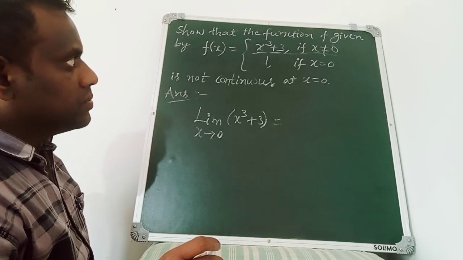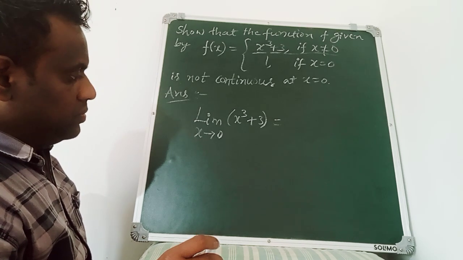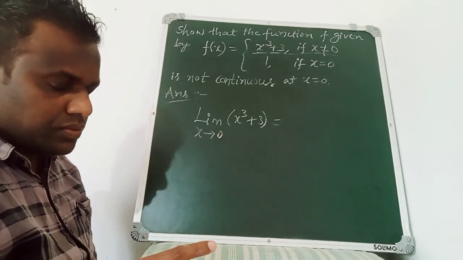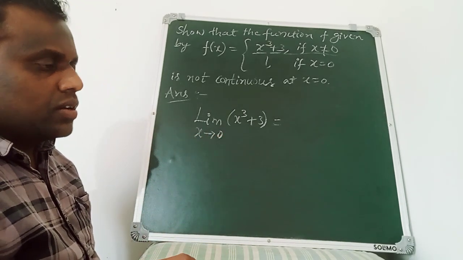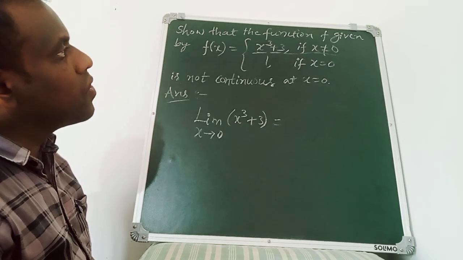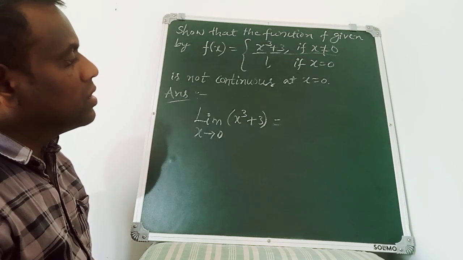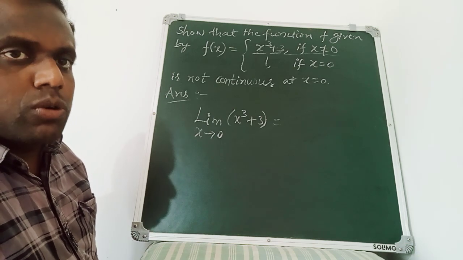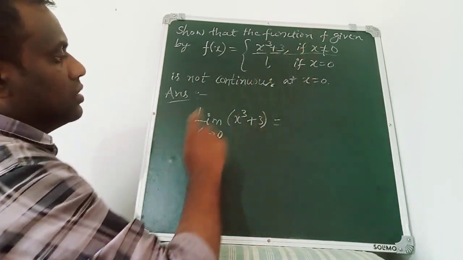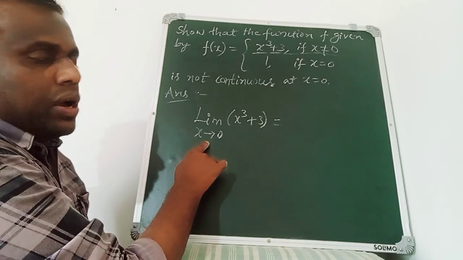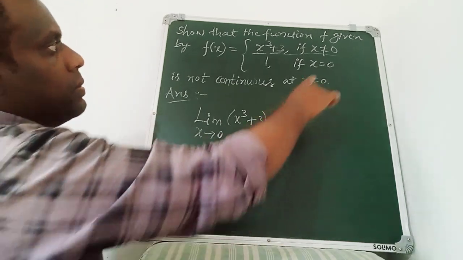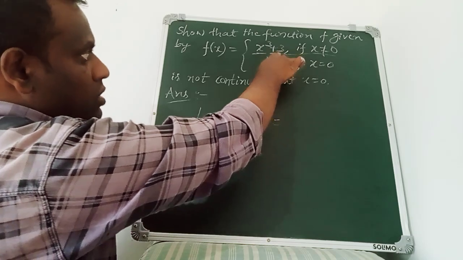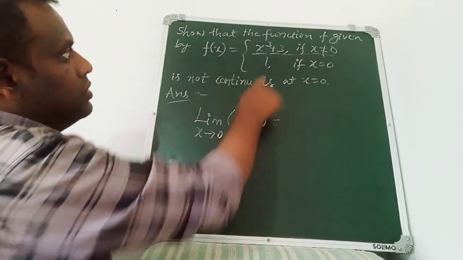As x tends to 0, when x is not equal to 0, at that time we get this function. Now we have to find the limit of this function.